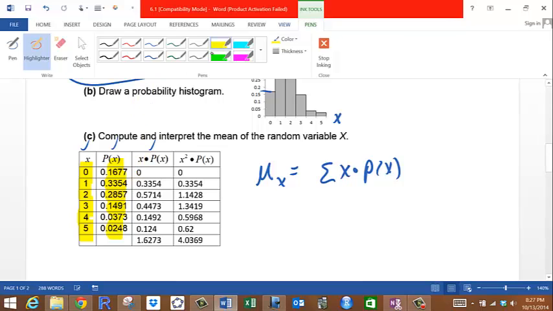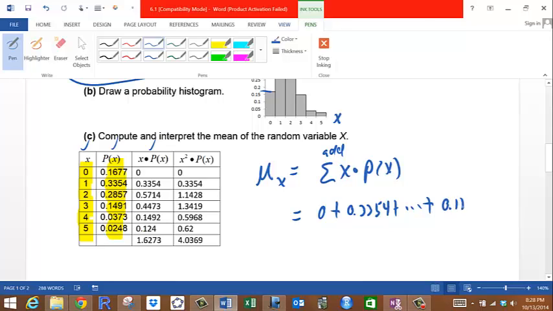And then to get the mean, all we're going to do is add up this x times p of x column. So we add all these up here, 0 plus 0.3354 plus all the way down to 0.124.